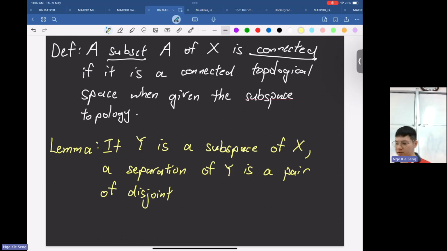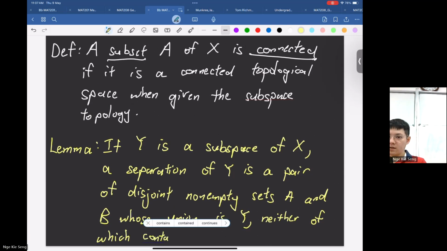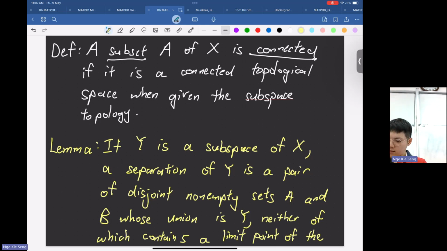So what do I mean by that? If Y is a subspace of X, a separation of Y is a pair of disjoint non-empty sets A and B such that the union is Y, and neither of which contains a limit point of the other.